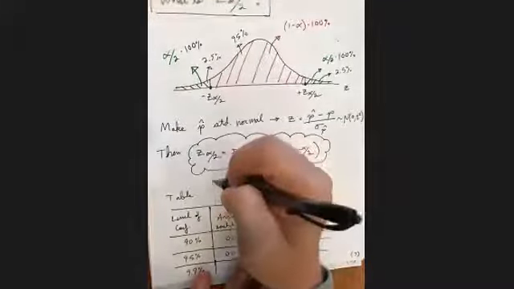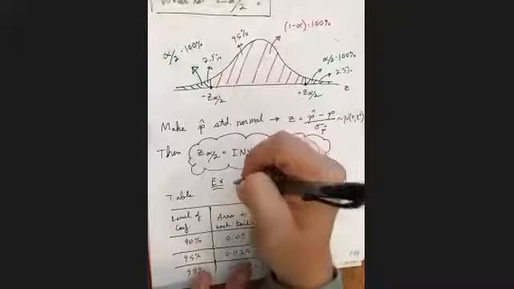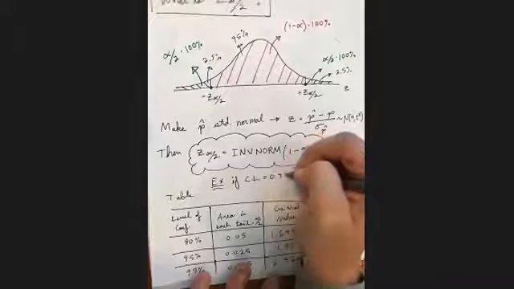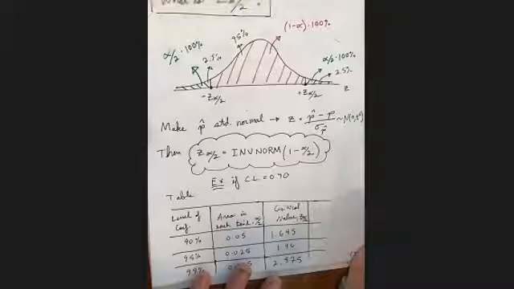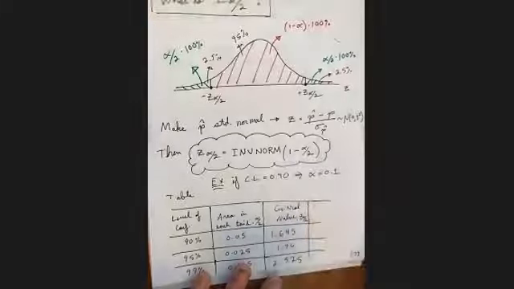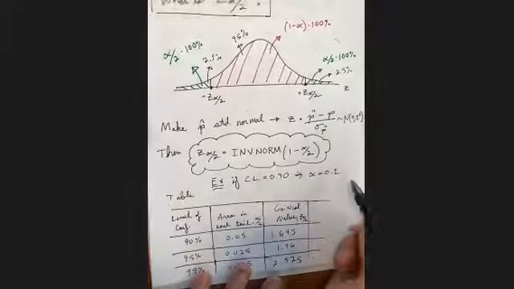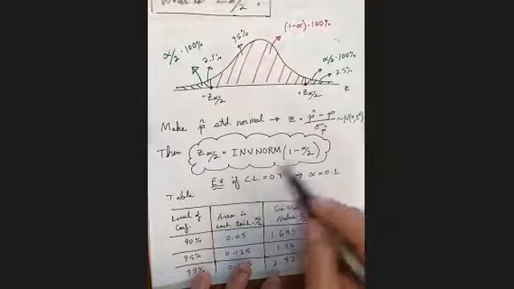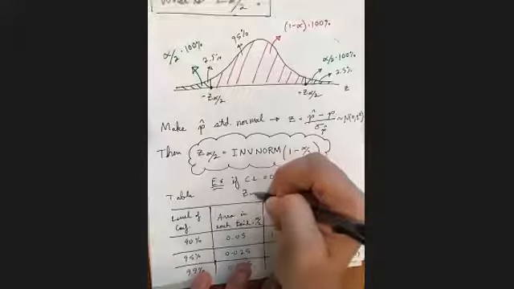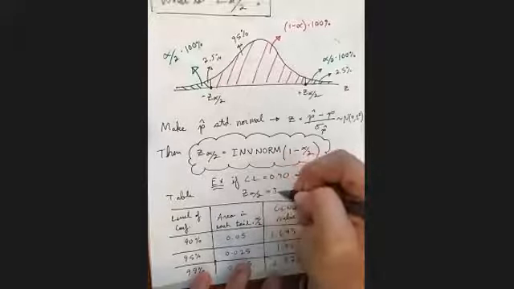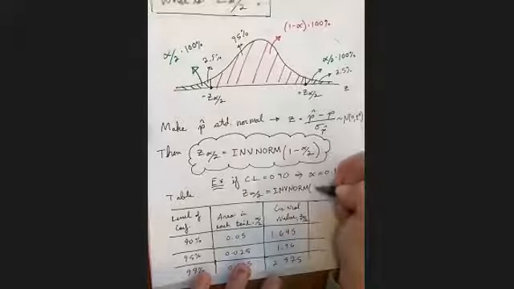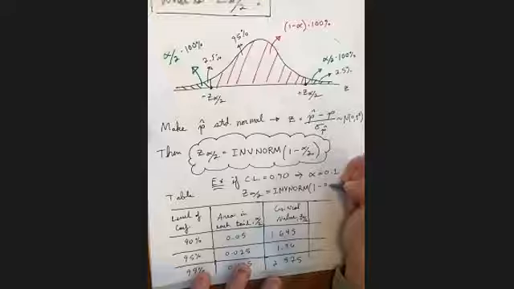So just as an example, if the confidence level is 90%, then that implies alpha is 0.1, because it's the remainder, the leftovers from the confidence. And so the Z alpha over 2 would then be inverse norm of 1 minus 0.1 over 2.